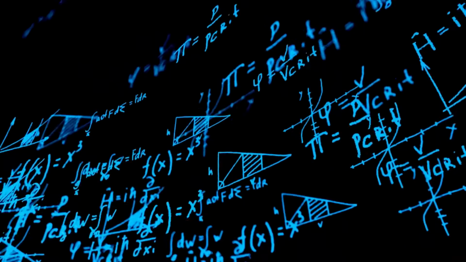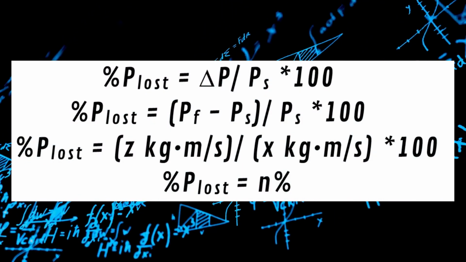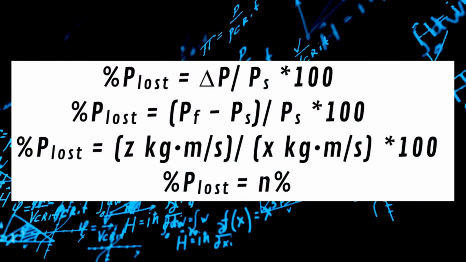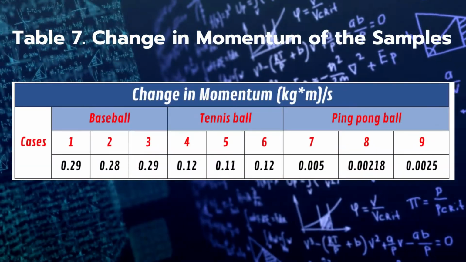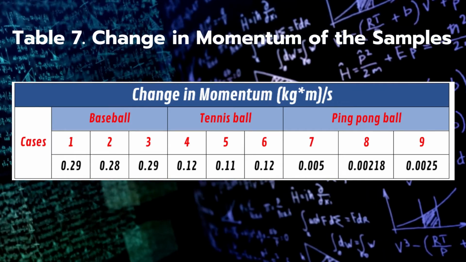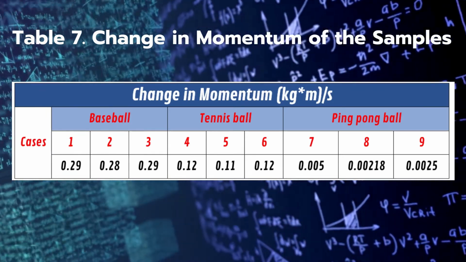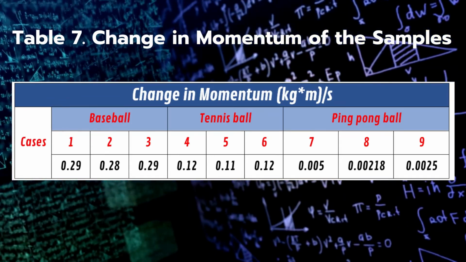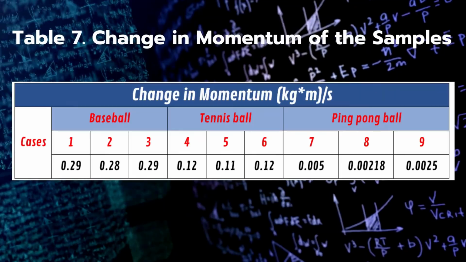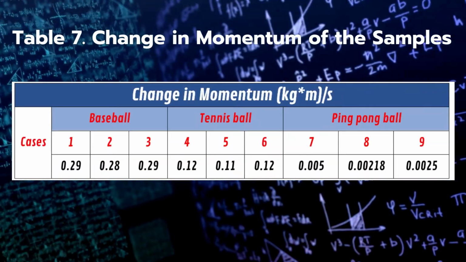The formula for the change in momentum is final momentum minus initial momentum. In case 1, the given is the final momentum, negative 0.39, minus negative 0.65, which is the initial momentum. The change in momentum is 0.26 kilogram meter per second.